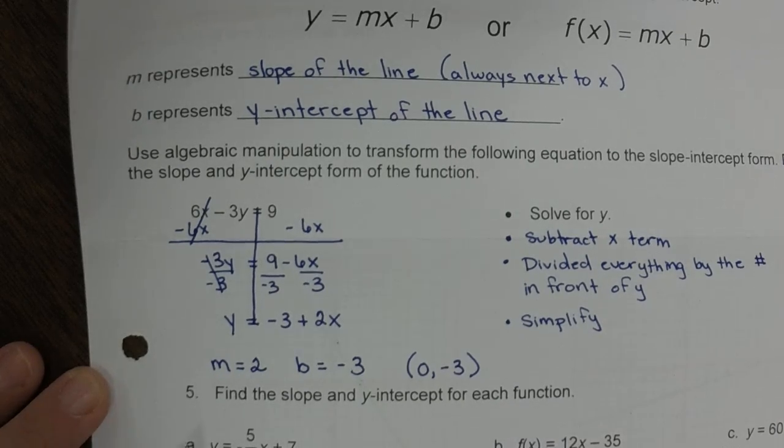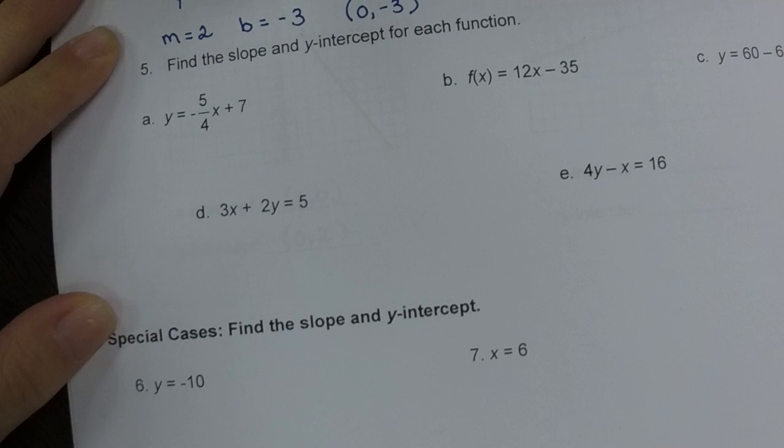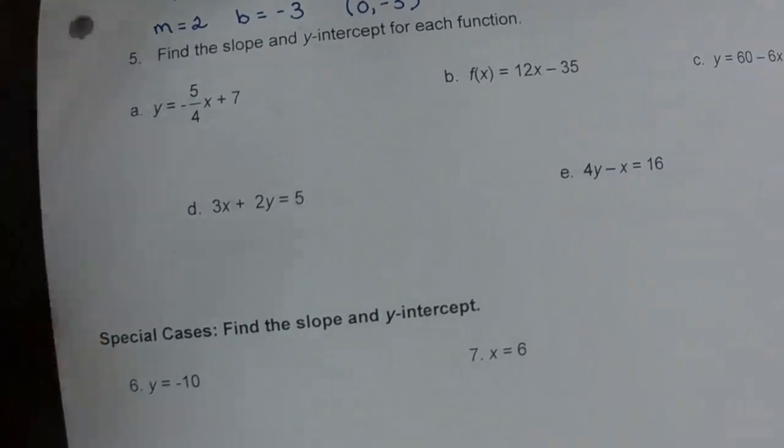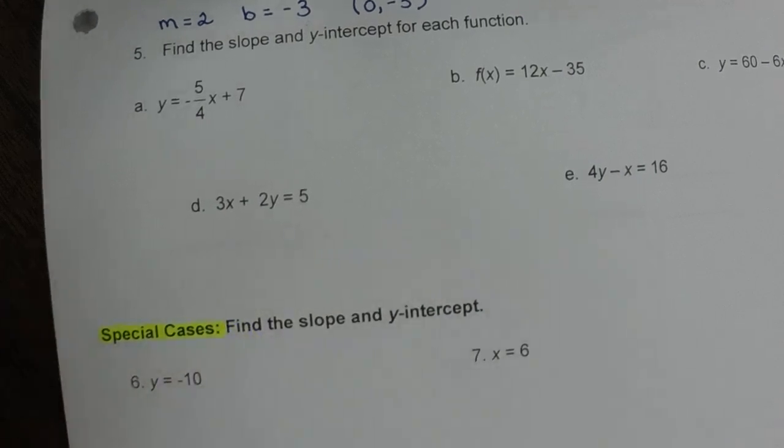So number 5, you should be able to do on your own. This is manipulating those equations and finding the slope and the y-intercept. Then down at the bottom, I'll give you guys a few hints here, but we've talked about this in your slope lab. These are our special cases. Every time we see special cases, that means these are horizontal or vertical lines.